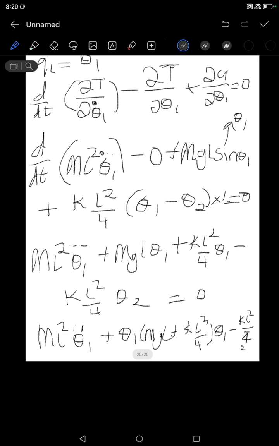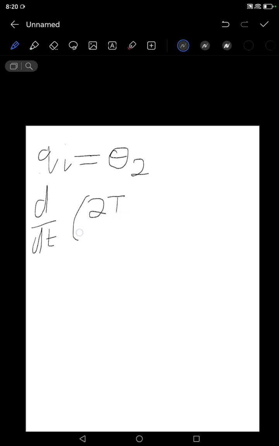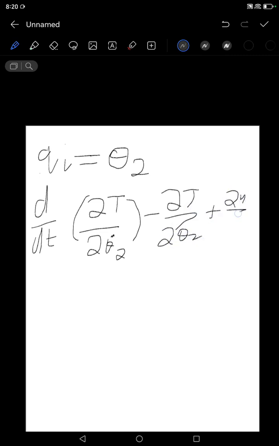So when you want the second equation, you're going to say qi equals theta 2. Then we're going to have d over dt into the partial derivative of T over d theta 2 dot, minus dT over d theta 2, plus dU over d theta 2, equals 0.